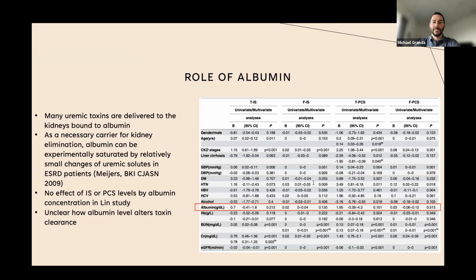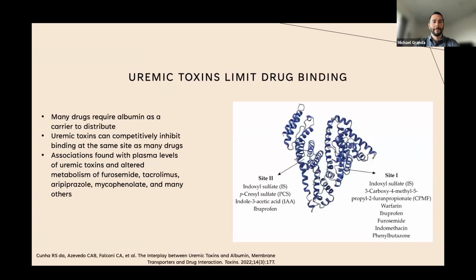Besides plasma levels, even less is known about how albumin levels in the plasma or urine might alter the actual clearance of these solutes. Like uremic toxins, a lot of common drugs require protein binding to be distributed in the body. We know from crystallography studies that the specific binding sites for uremic toxins are shared by many drugs.